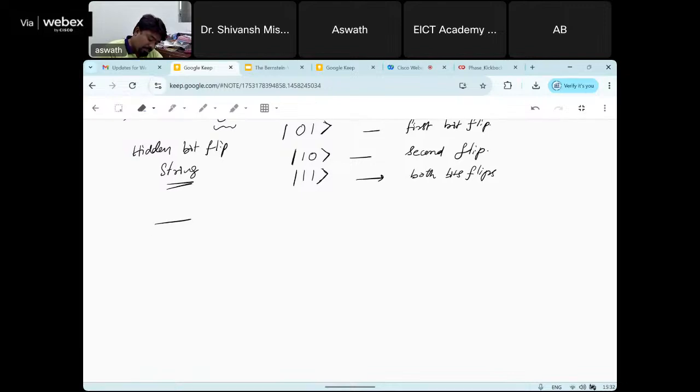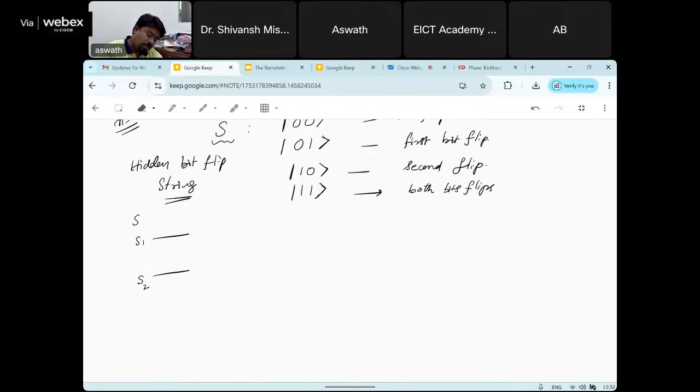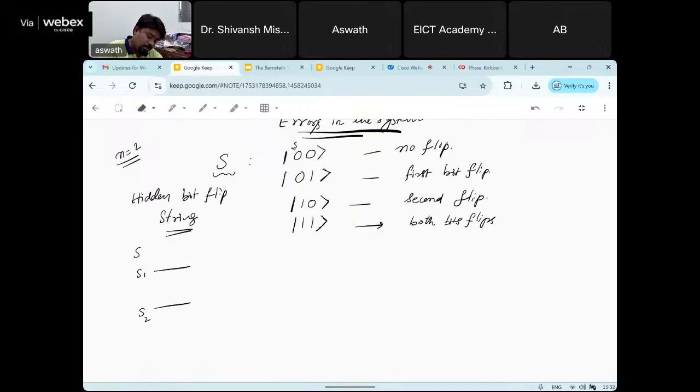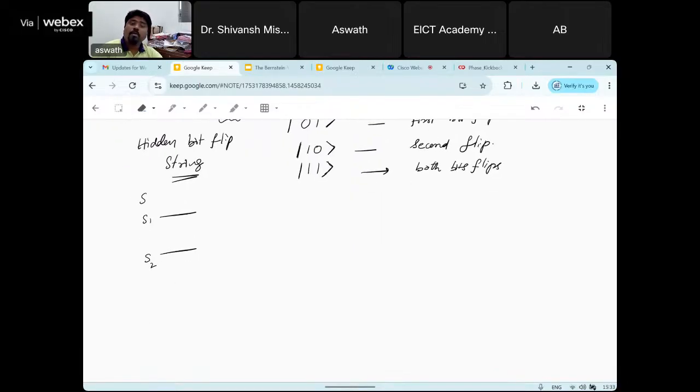S1 is like this, S2 is like this. Among S1, S2, where there is 0, this is S1, S2. Now what I will do is a Hadamard acting on that location.